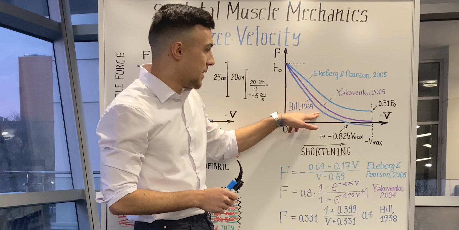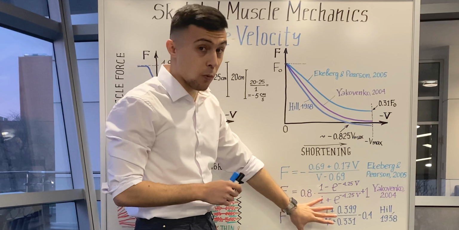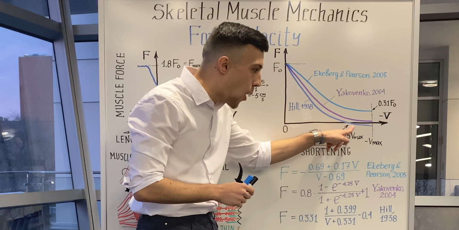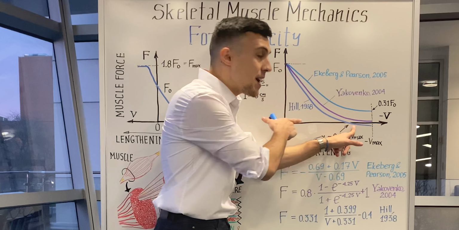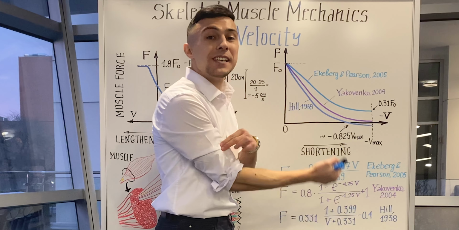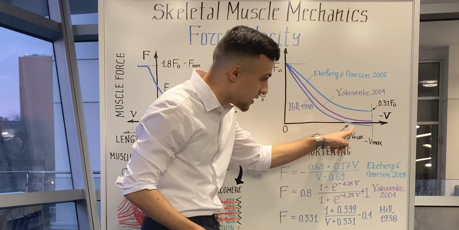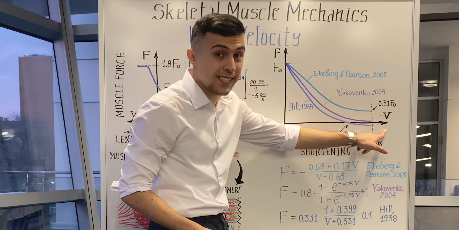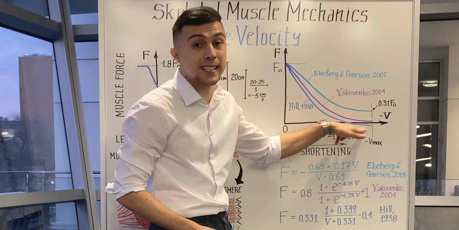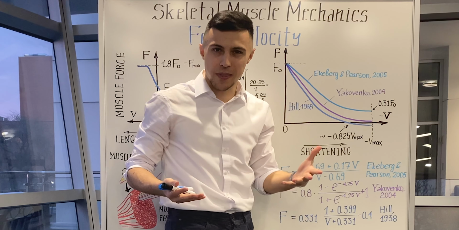So I drew the curve here that this equation describes. You see how this curve at high velocities of concentric contraction starts crossing the velocity axis and going down, generating negative forces. What is the problem with that?